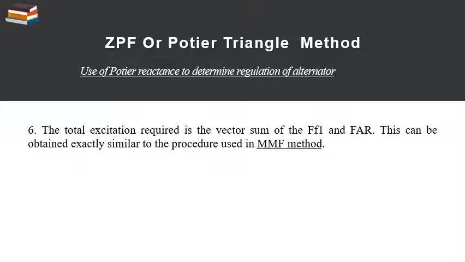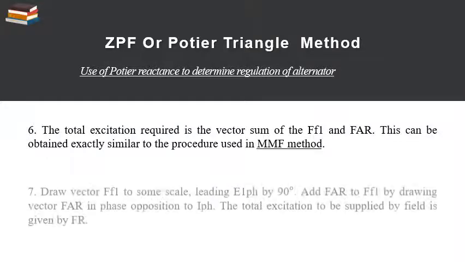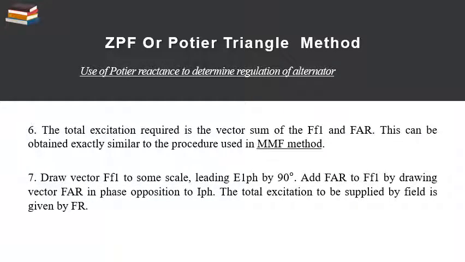Point 6. The total excitation required is the vector sum of the FF1 and FAR. This can be obtained exactly similar to the procedure used in MMF method. Number 7. Draw vector FF1 to some scale leading E1 pH by 90 degree.